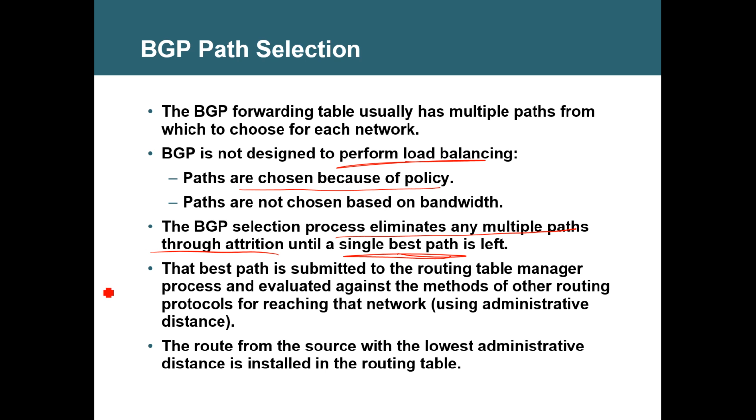It filters and says this is the path because of this attribute match. Paths are not chosen based on bandwidth or delay or hop count, but based on the policy.